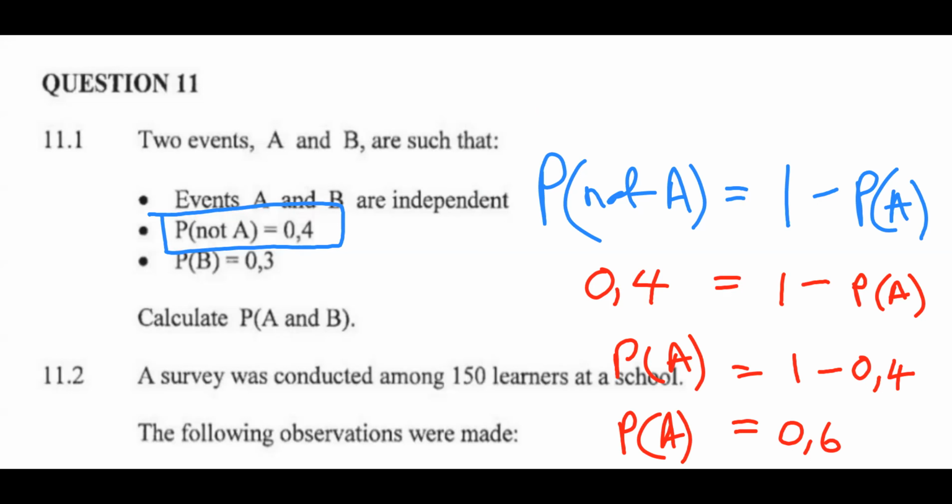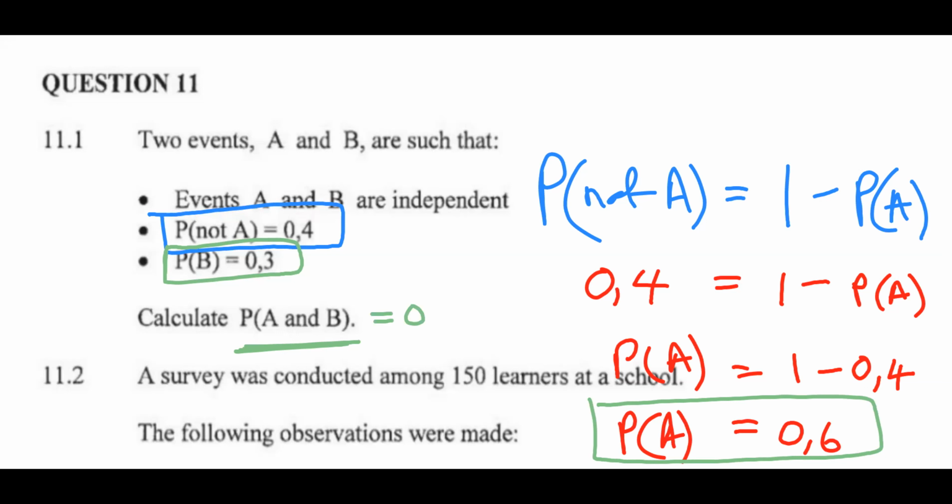Now for us to work out the probability of A and B, we can simply take the probability of B, which is 0.3, and multiply that by the probability of A, which is 0.6. And that should give us 0.18.